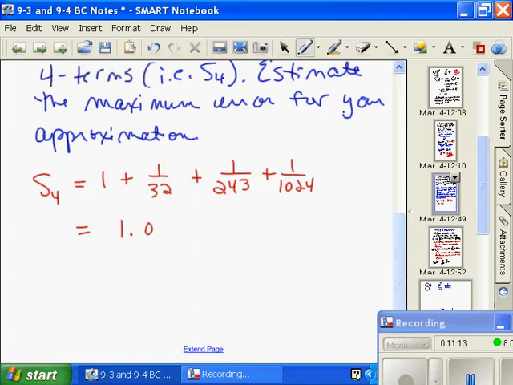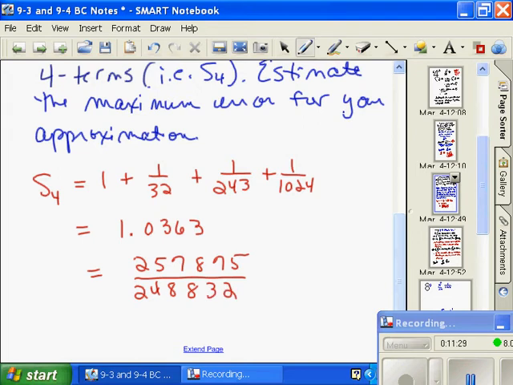I get 1.0363 on my handy dandy calculator. Change that to be 257,875 divided by 248,832. So there is the sum of the first four terms.